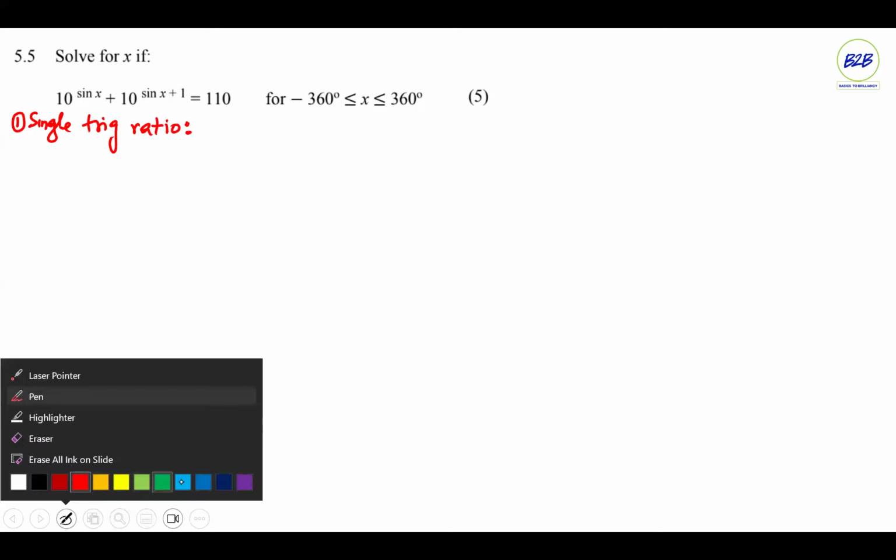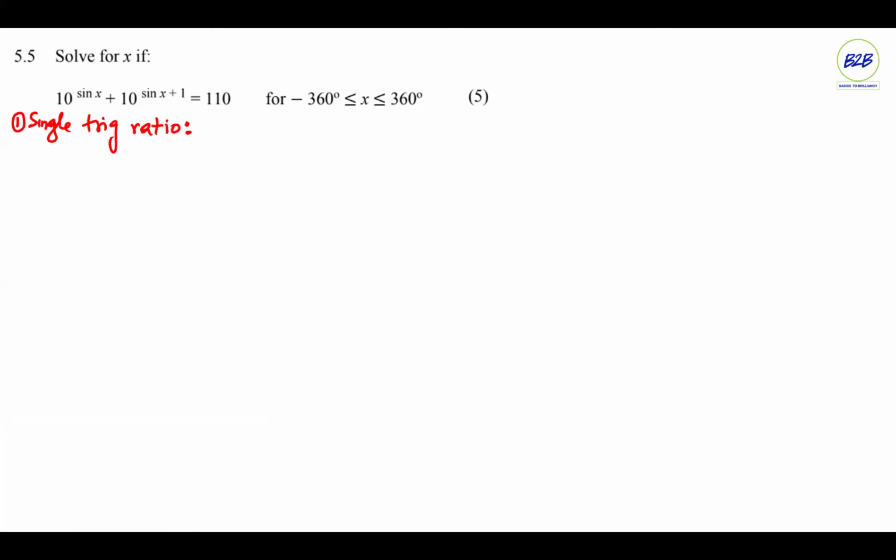But by the looks of things, it seems like our trigonometric equation is already in terms of sine. So that is sorted. No worries. Then what is our next step? It is to take that trigonometric ratio sine and make it the subject of the equation.